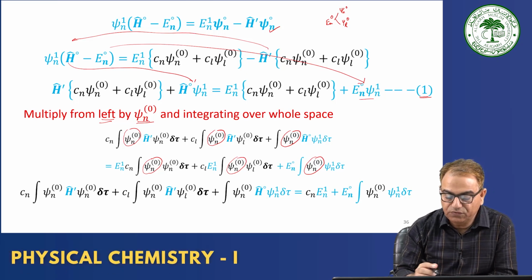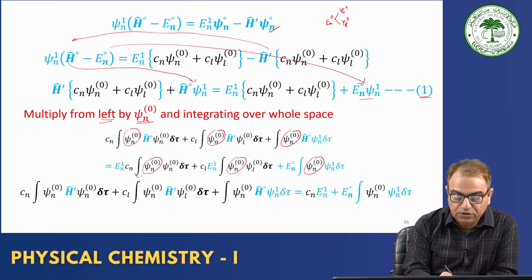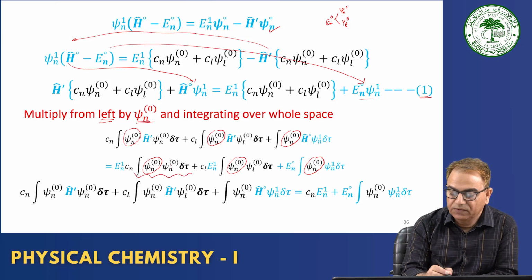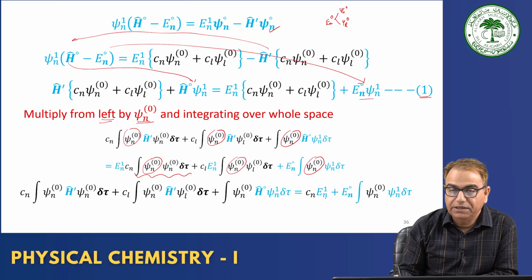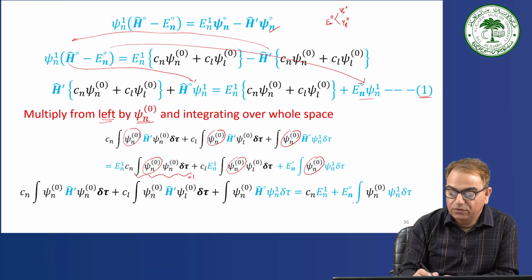On the right hand side, what you find is that you have En1 Cn1 and psi n naught theta. So this is your normalization condition. The same wave functions. So it becomes Cn En1. So this becomes equal to 1. Now on the right hand side, the second integral is psi n naught, psi l naught, two different quantum states.